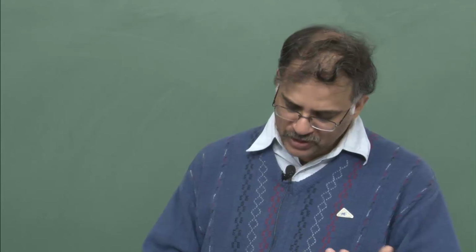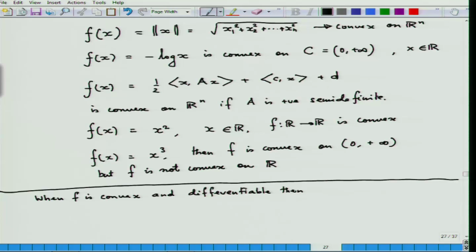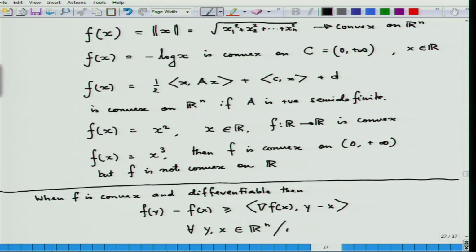So when f is convex and differentiable, it could be on C or on the whole of Rn. Then what we have is this formula for all y and x in Rn or C, whatever you want.